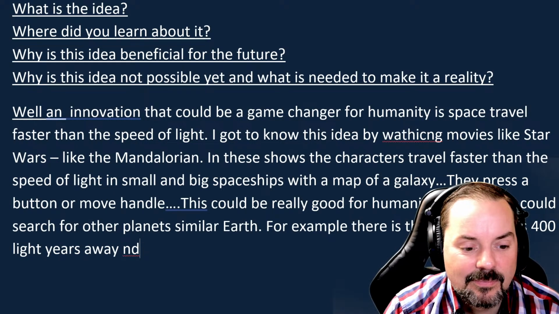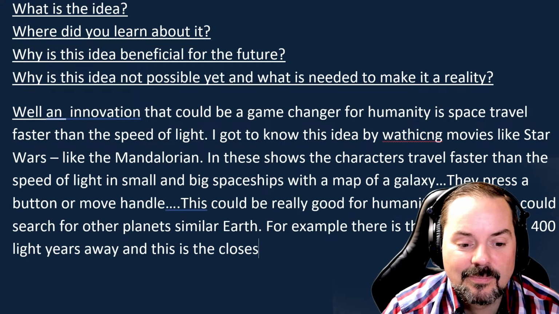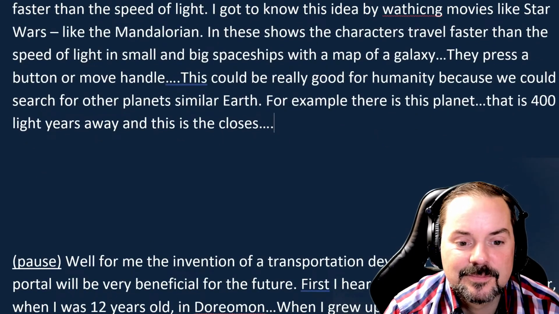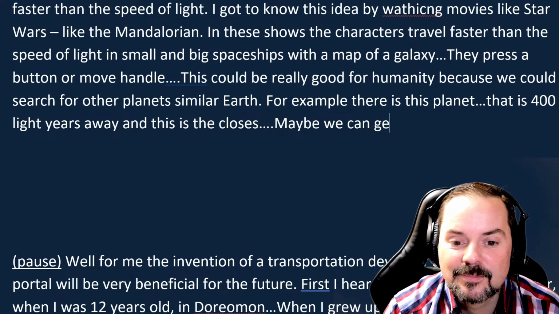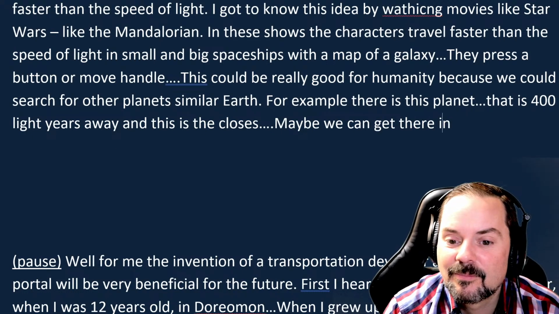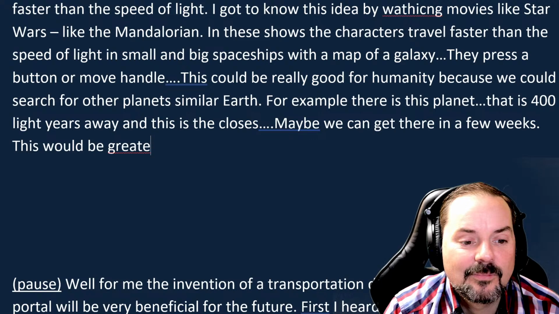Maybe using this technology, we can get there in a few weeks. This could be great for humanity because we can maybe move there, colonize, and even if we can't move there, we can get important resources like minerals or fuel.